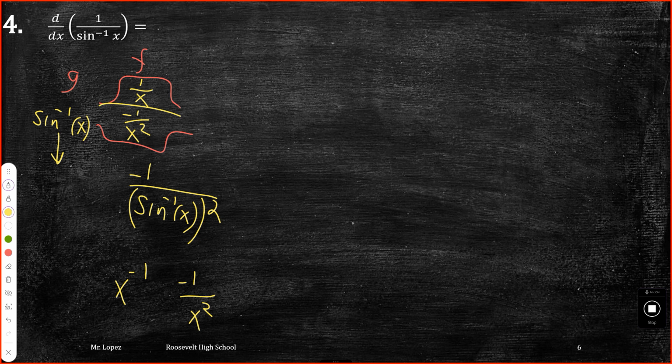What did we say it was? 1 over square root of 1 minus what? X squared. Yep. Then times it by 1, so it'll be 1 over square root of 1 minus X squared. Yeah, we could have done the quotient rule on this too.